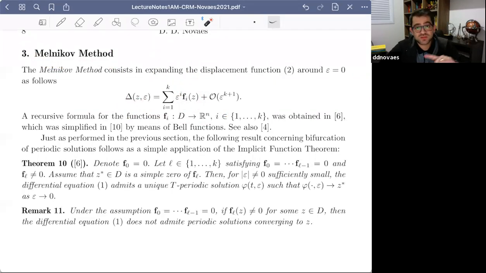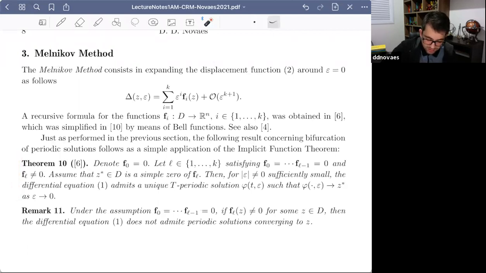Okay, so the Melnikov method provides directly an expansion of the displacement function, and the displacement function now is the displacement function of the standard form of the original difference equation. Recall that the standard form that we have worked with before was the displacement function of the transformed equation. So the idea here is to expand the displacement function of the original equation directly without applying transformation of coordinates. If we have this expansion, then the same result as before holds.